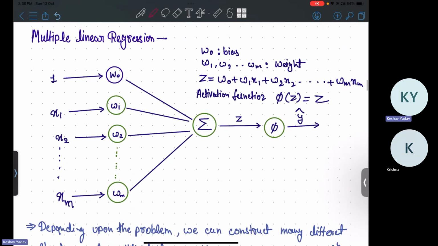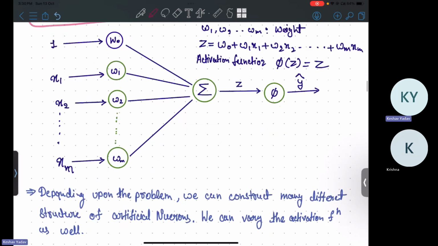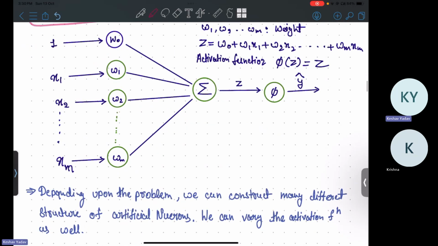Now, if we represent multiple linear regression in geometrical form, here we have input in the form of a vector x1, x2, up to xm, and the weights associated with these, w1, w2, and so on up to wm, with a bias w0. Then z will be the summation: w0 plus w1 x1, plus w2 x2, up to wm xm.